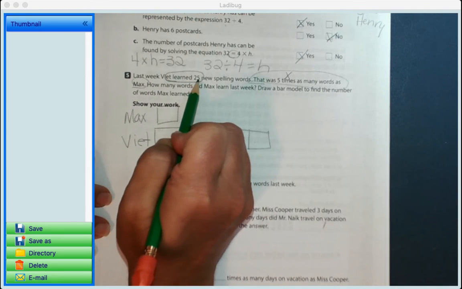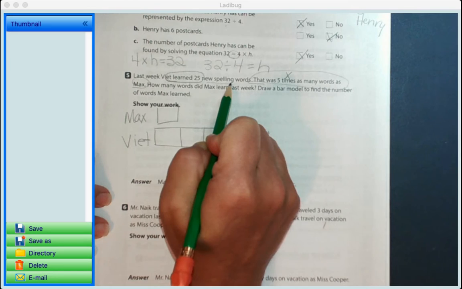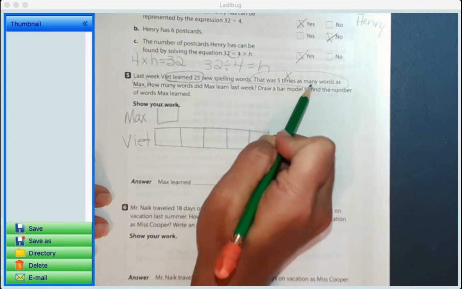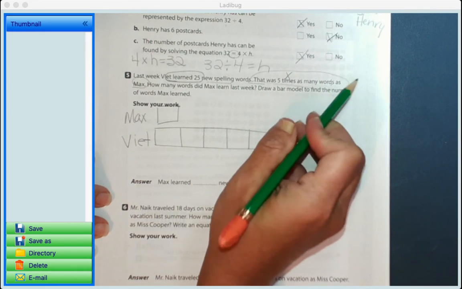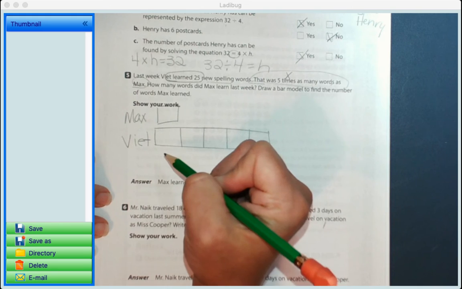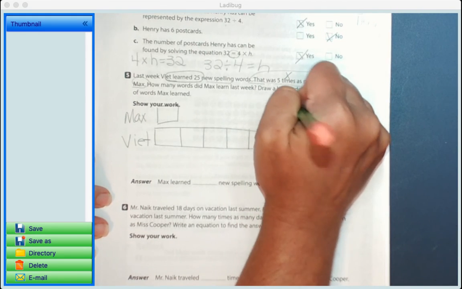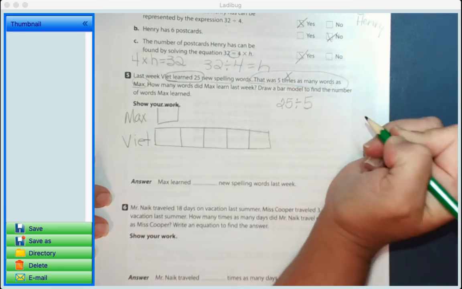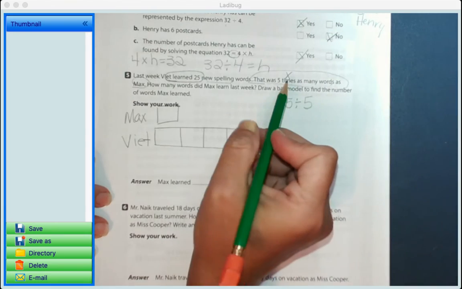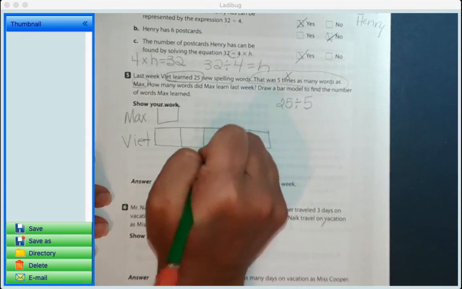Last week, Wyatt learned 25 new spelling words. That was 5 times as many as Max. So I could solve this by 25 divided by 5, because I know he has 5 times as many.